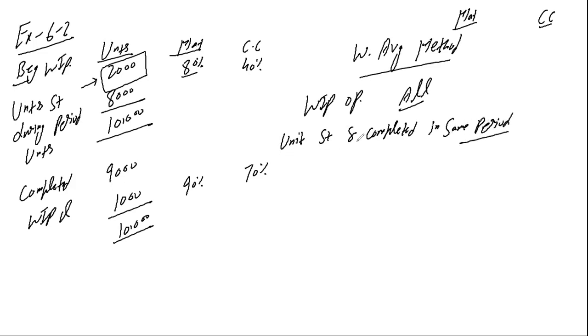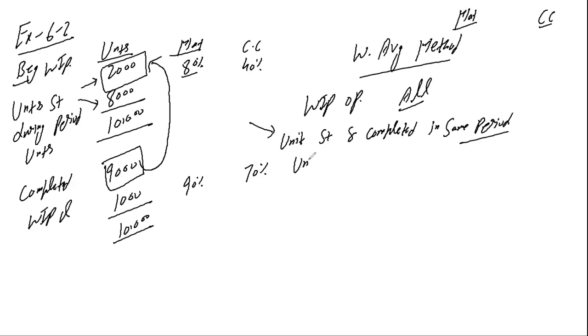Let me explain to you the concept of this one. Students, I need here those units which I started this month and completed this month itself. Like you can see that my total completed units are 9,000. So out of these units, definitely some units belong from the quantity of work in process opening. Students, how we will calculate those?